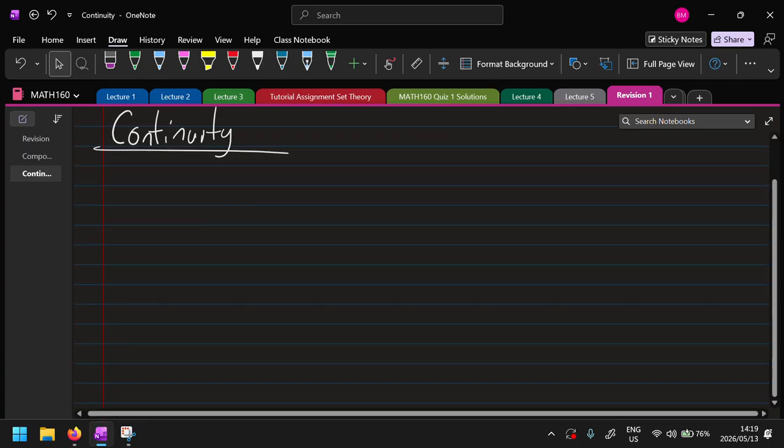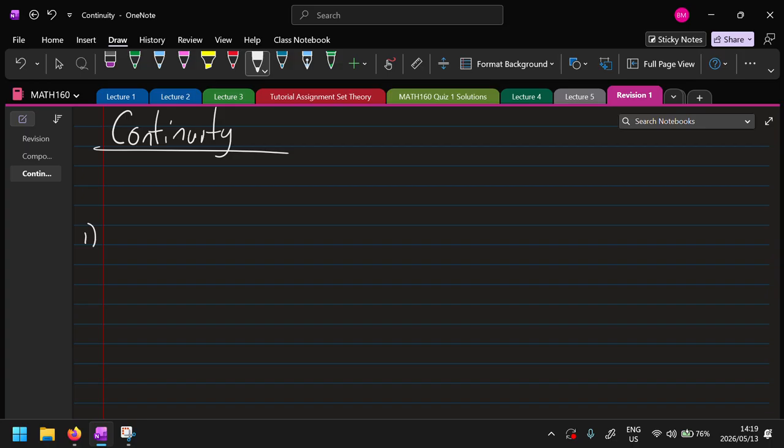Okay, continuity. So we've got a few problems here on continuity. So number one, we've got our function f of x is given by ax plus 5. We don't know what a is, some number a.